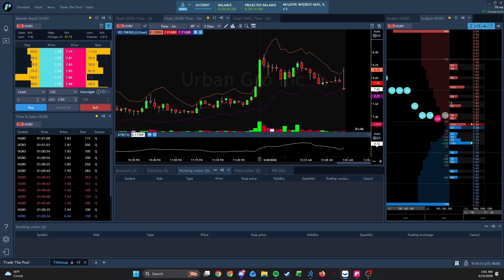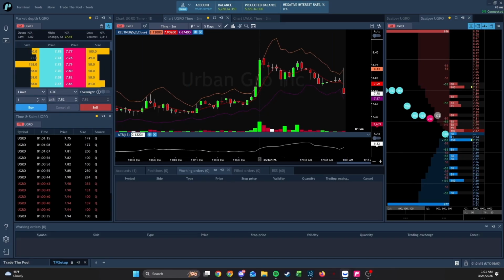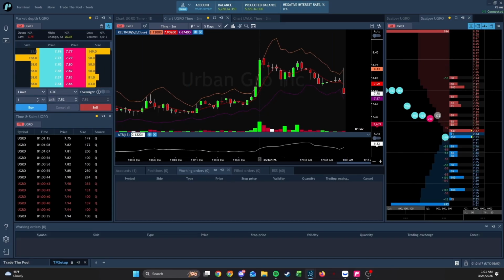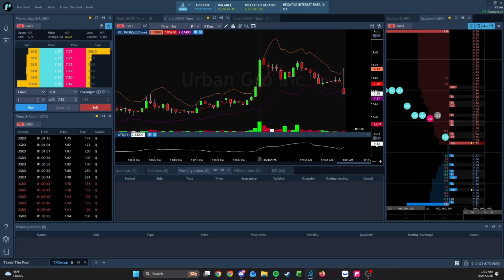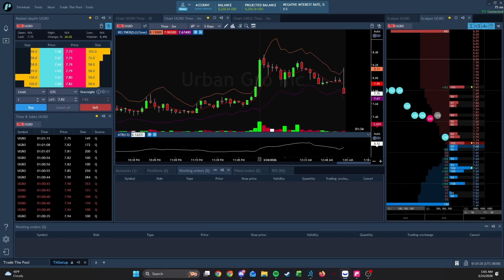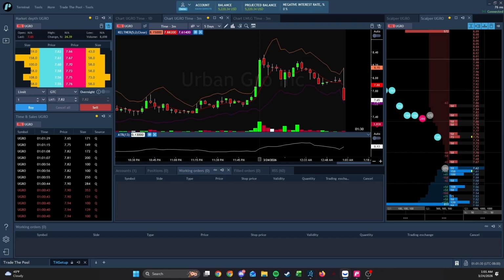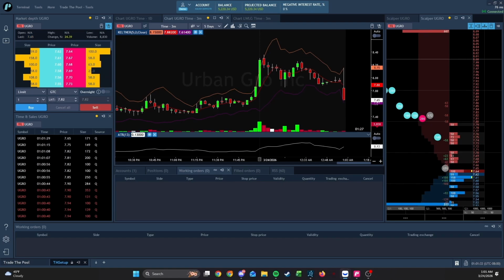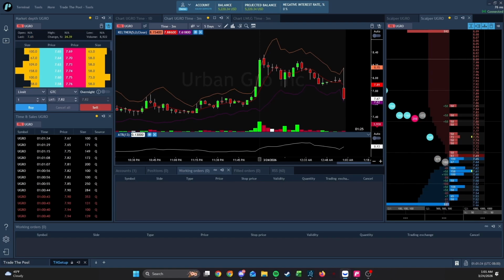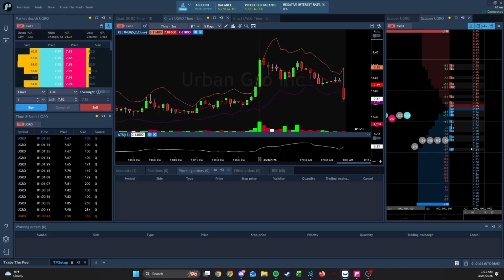If you're trading a live account, that just doesn't really happen. The size that you take is fully dependent on what liquidity exists at that point in time. So on UGRO, I was really looking at 8.2 and above, and it never really got there.